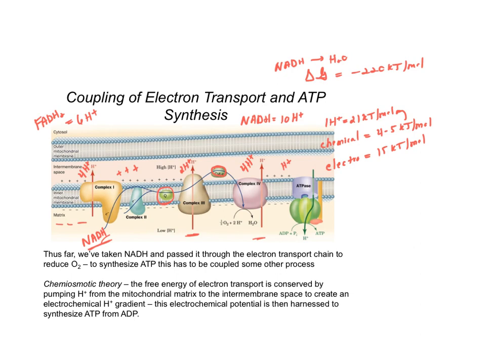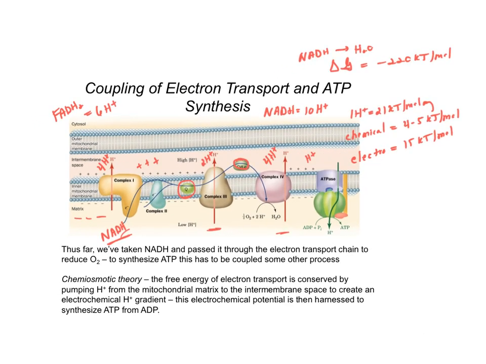So now, how are we going to couple this to ATP synthesis, right? For a very long time, people thought that these electron transfers and all of these various complexes were generating some sort of high energy intermediate, right? Just like we see in glycolysis. So in glycolysis, how do we get ATP synthesis? We produce molecules that have higher energy of hydrolysis than ATP itself, right? We produce 1,3-bisphosphoglycerate, right?